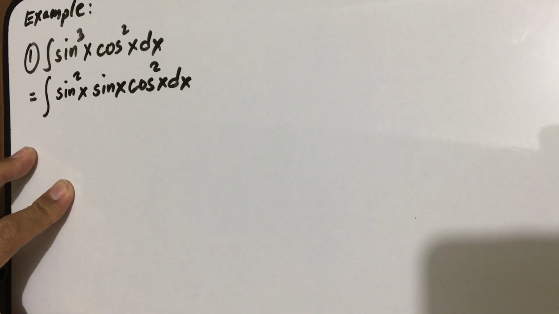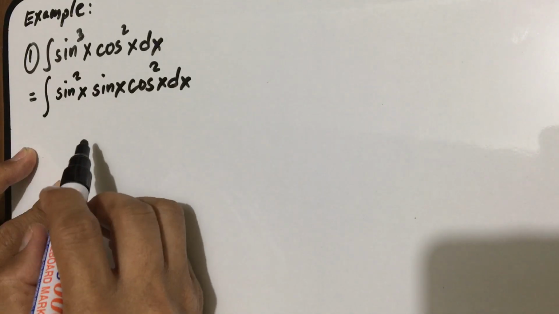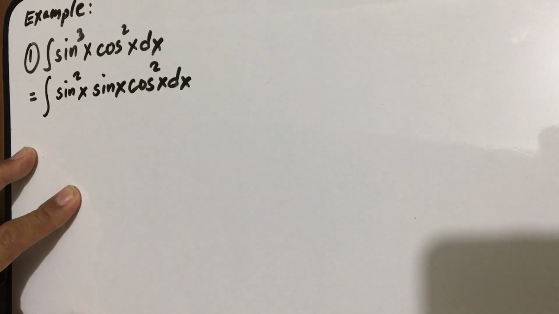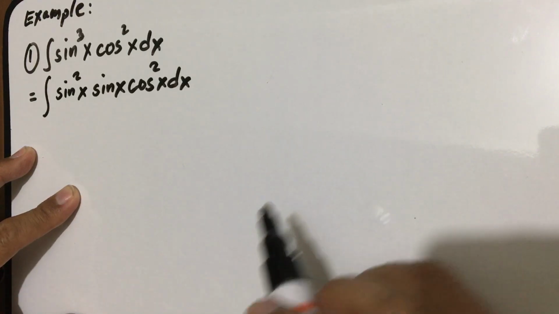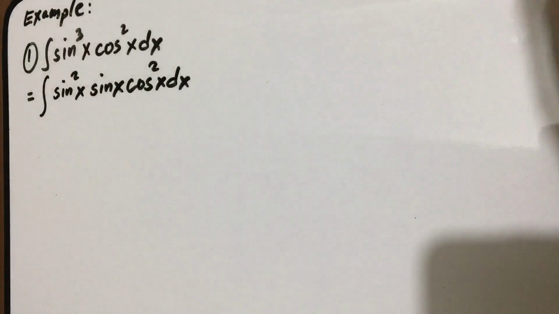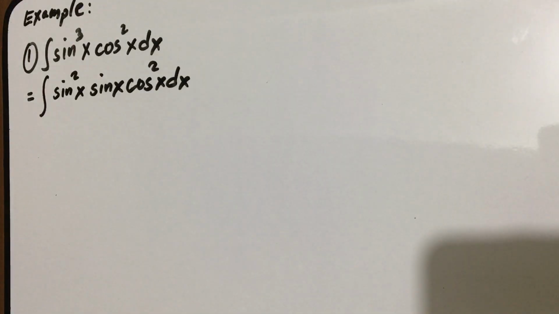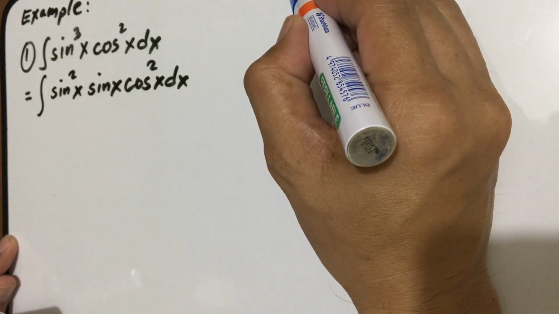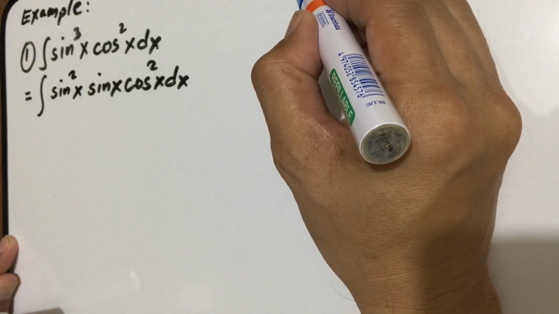Okay, then it says that change the remaining sine into cosine. So it says, class, that for this case, when m is equal to 3, we have to factor out sine u du.